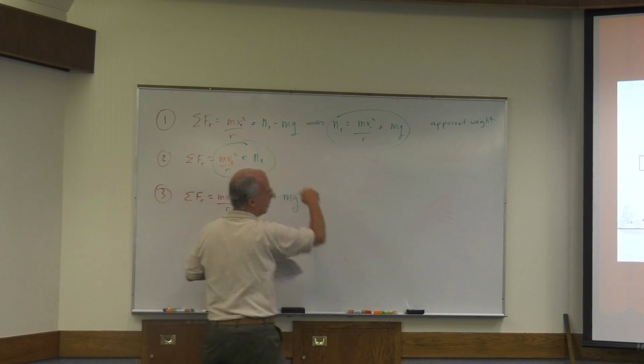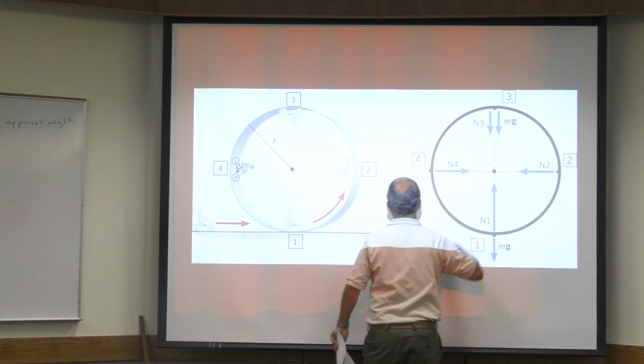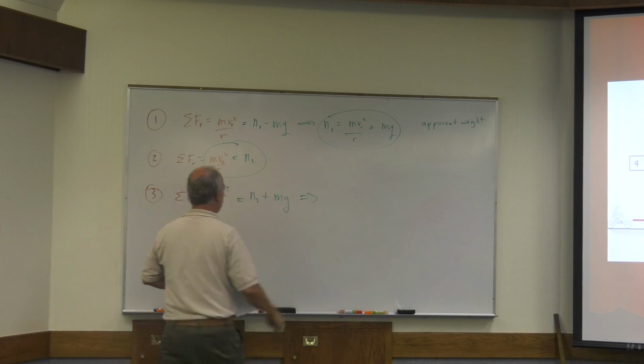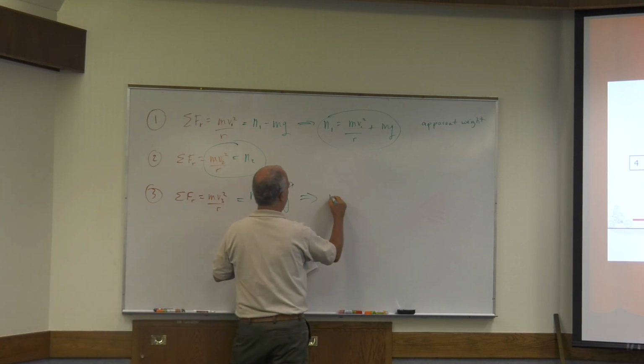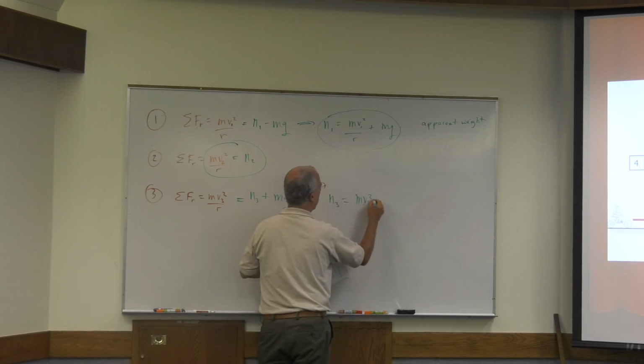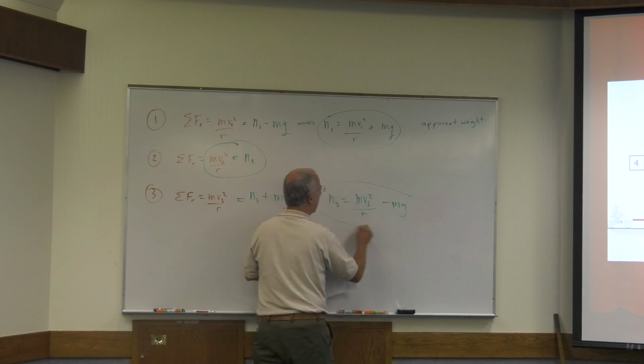Here we had minus because this was pointing away from the circle, but this is pointing towards the circle, so it's plus. Okay, then we want to solve for the normal. You'll see why in a minute. So N3 equals mv3 squared over r minus mg.